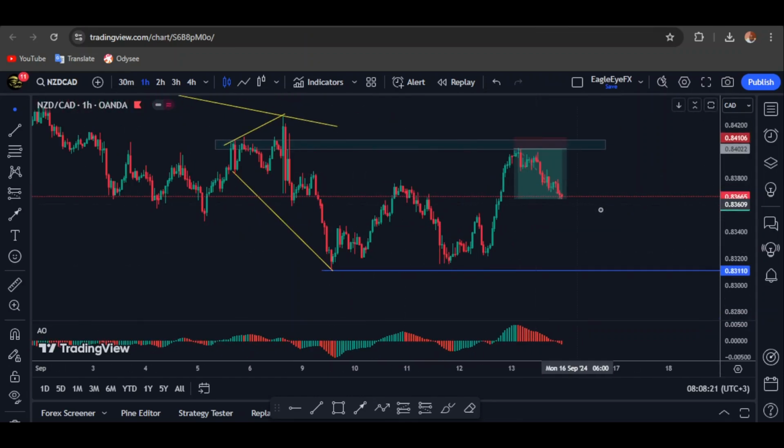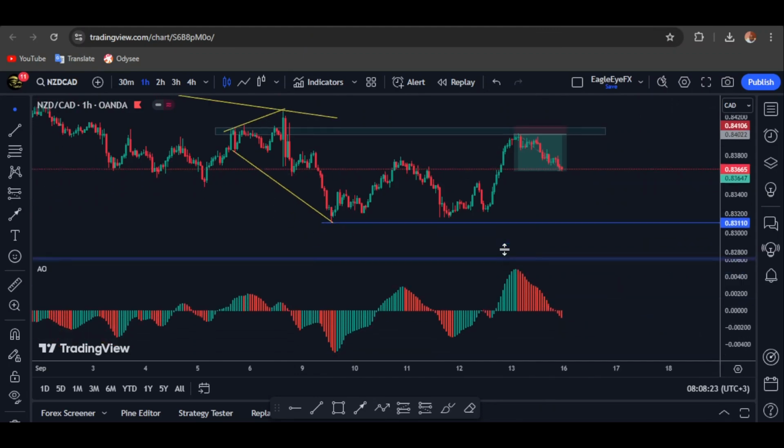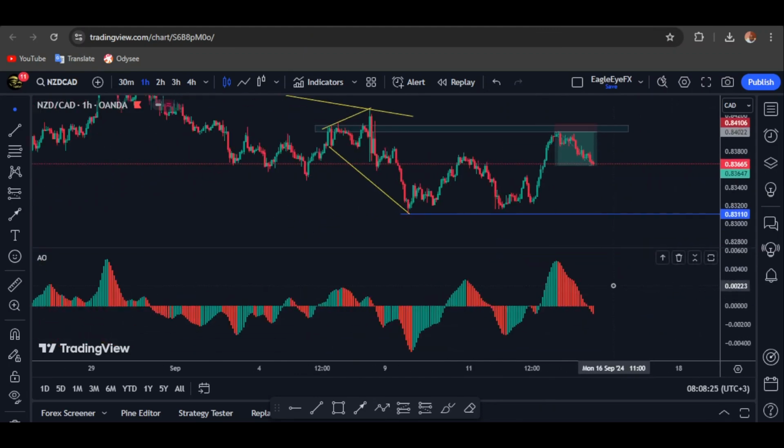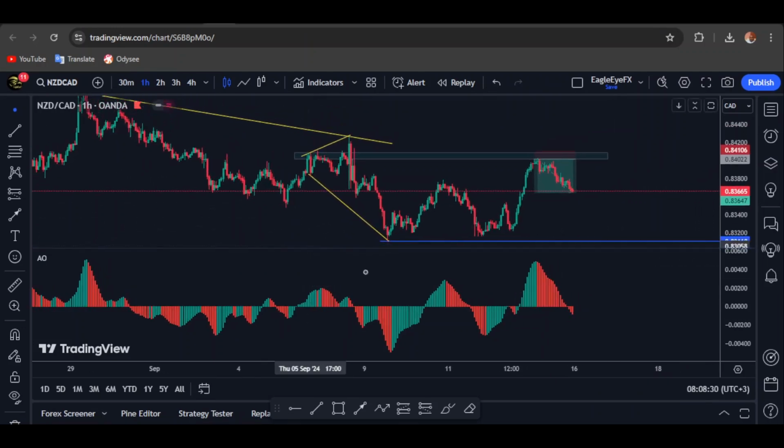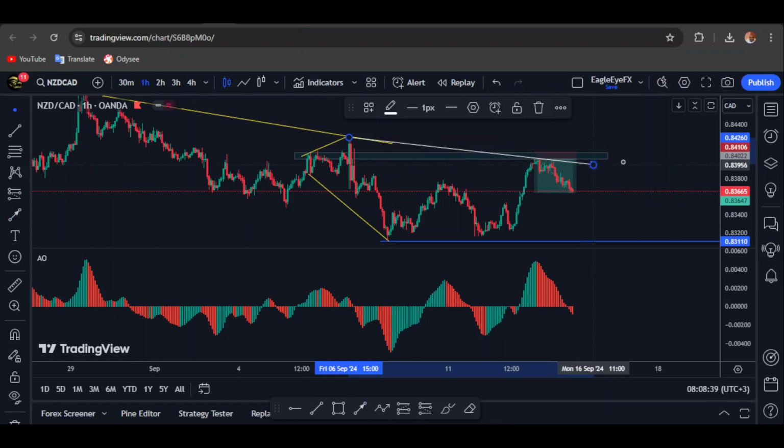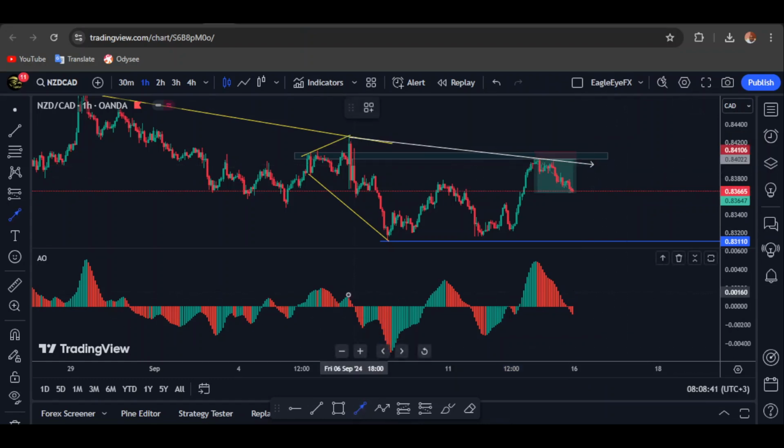Another thing is, if you look at the awesome oscillator, from this level to this level, it was giving us what? While the market was giving us lower highs, the awesome oscillator was giving us higher highs.